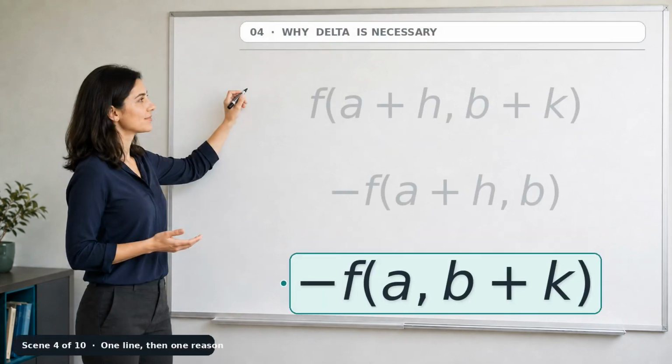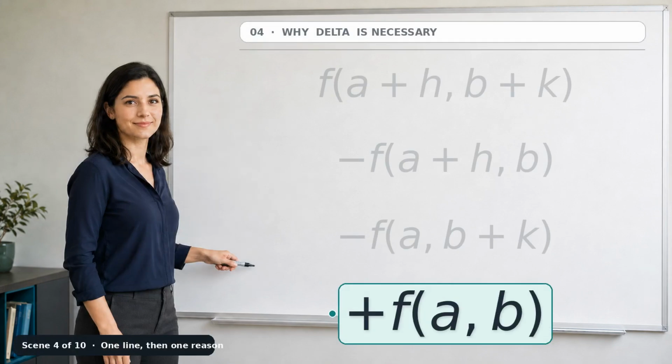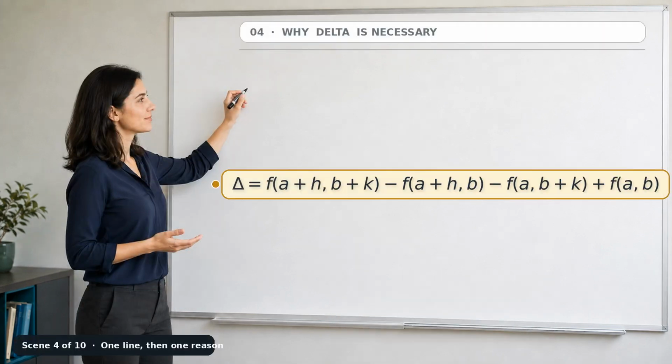Next we subtract f at a comma b plus k. This begins removing the vertical change at x equals a. Finally, we add f at a comma b. The last 2 terms, taken together, give the negative of the vertical change at x equals a. Only now do we package all 4 terms and name the result delta.